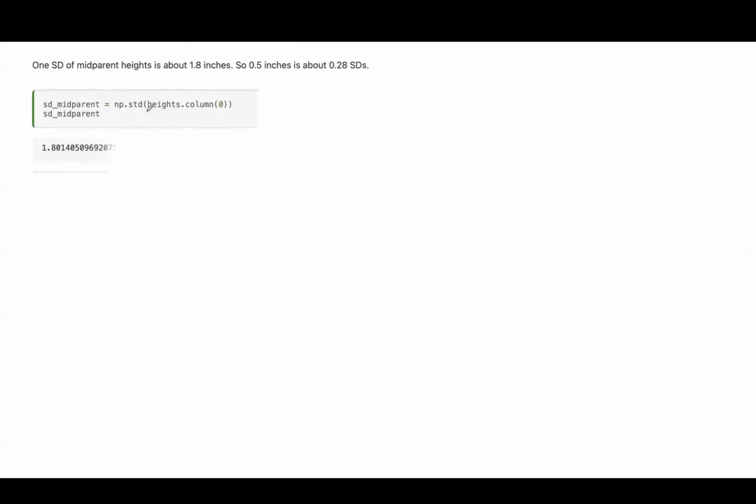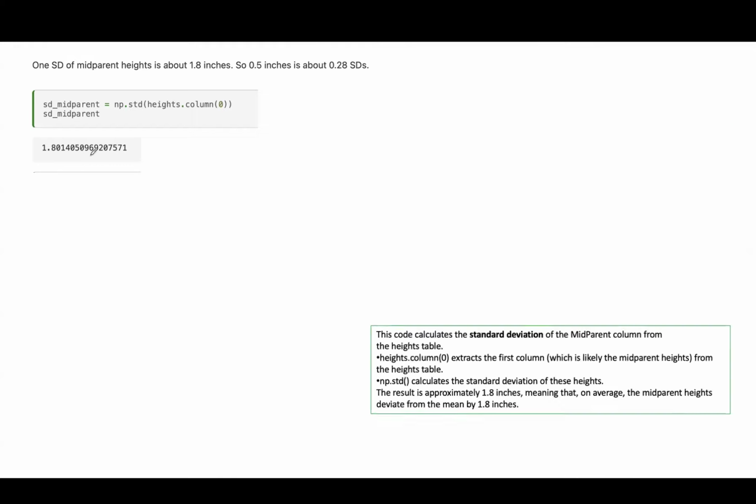The standard deviation is 1.80. So we're using numpy.std, which is numpy standard deviation, of the mid-parent column. And when you pass in 0 for the column, it basically extracts the first column.